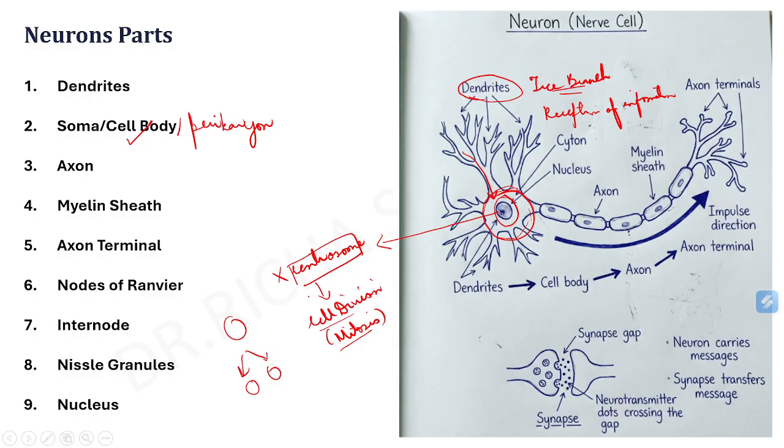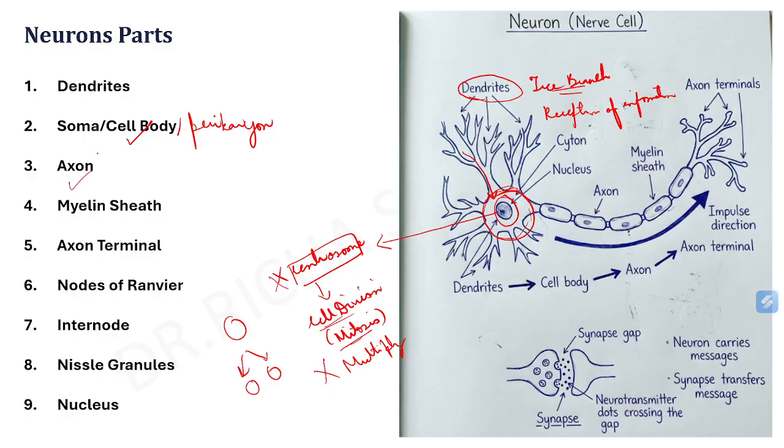But since the neuron does not have a centrosome, this particular nerve cell cannot multiply. Other cells do multiplication, but a neuron or a nerve cell cannot multiply because it does not possess this centrosome, which is important for cell division or mitosis.